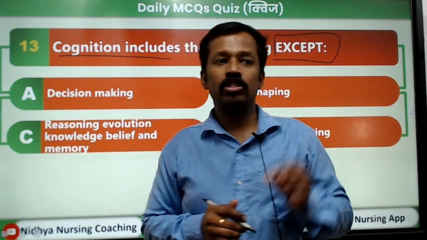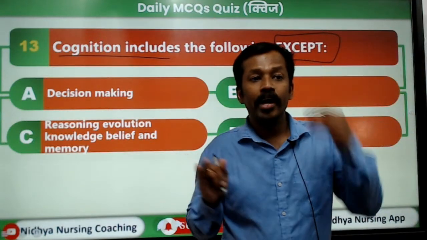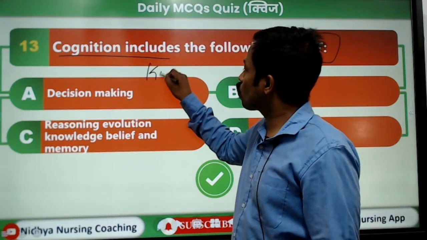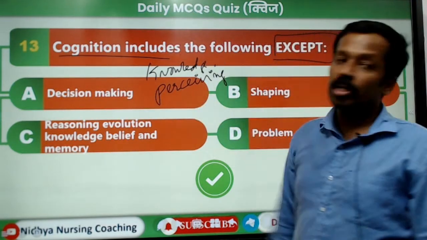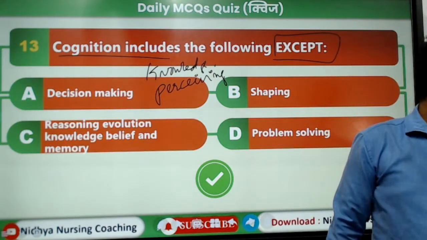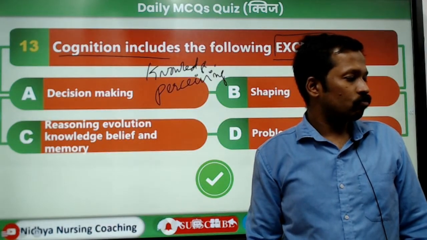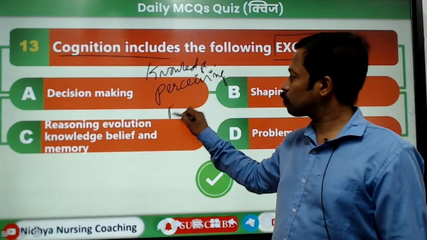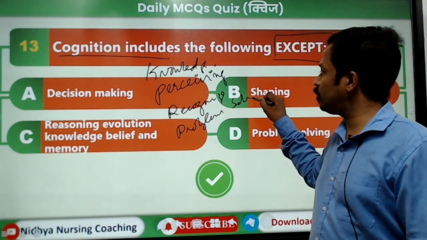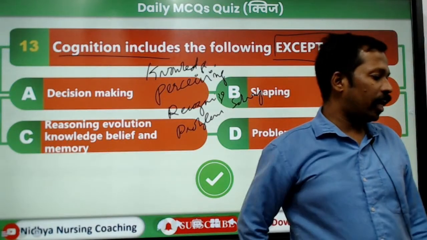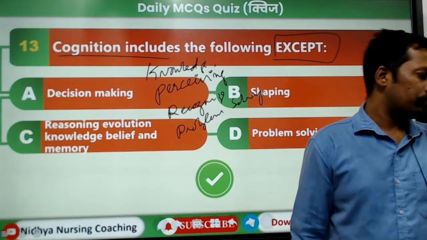Cognition includes knowledge, perceiving, recognizing, problem solving, attention, thinking.